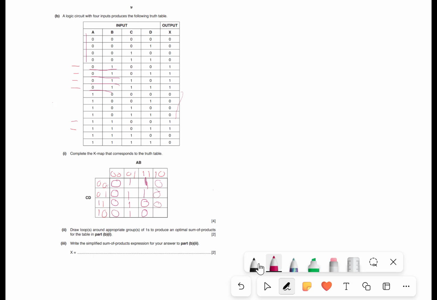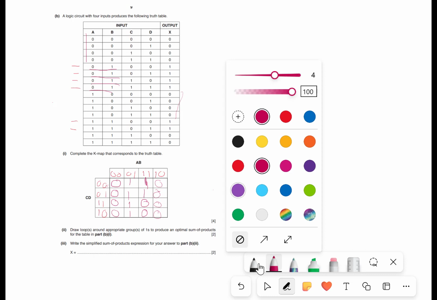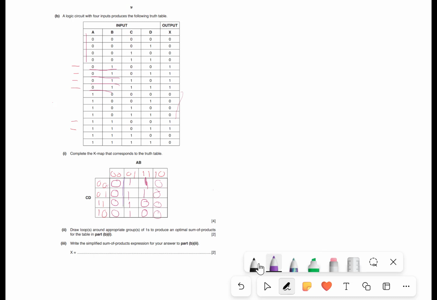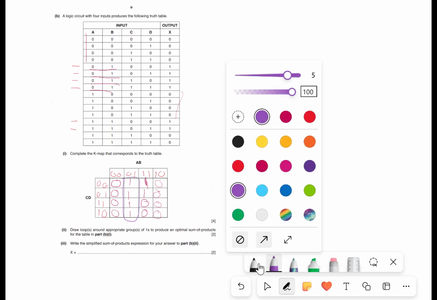Okay, let's do our groups. I'm going to use a different color and make this a little bit thicker. We've got one group here: one, two, three, four. But we've also got another 4 here.